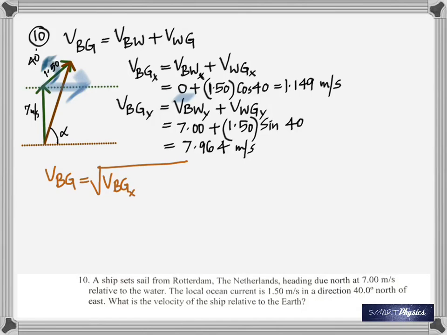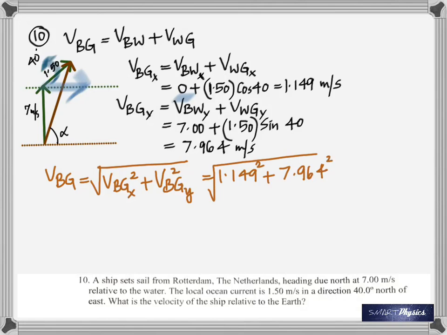And to find the resultant, you take the sum of the squares of the velocities, which is 1.149 squared plus 7.964 squared, and you get 8.05 meter per second.